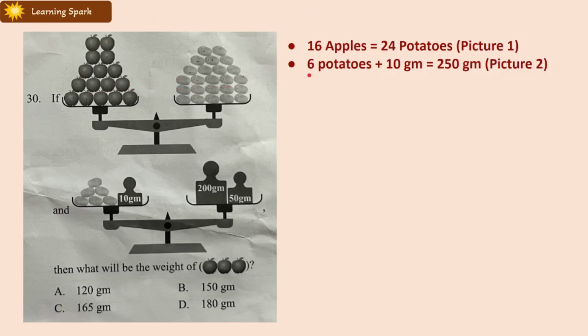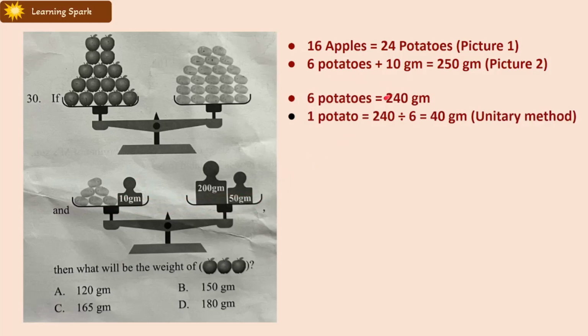And then picture 2 says 6 potatoes plus 10 grams equals 200 plus 50, so 250 grams. From the second picture we can find out the weight of potatoes very easily, right? We have to actually find out the weight of 3 apples, but to find out the weight of apples, first we have to find out the weight of potato from this particular picture. Okay, so let's start with that.